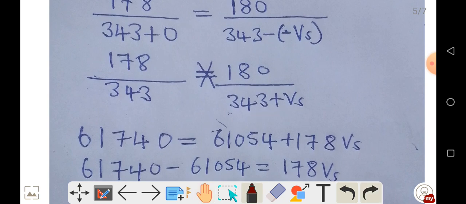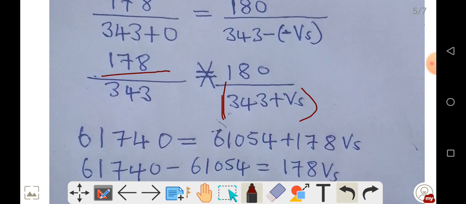At this point we can do a cross multiplication. When you multiply 343 and this, we are getting 61,740. Then when you multiply this and this, you make sure that you write this in brackets so you can multiply.